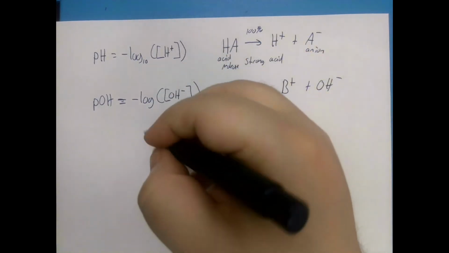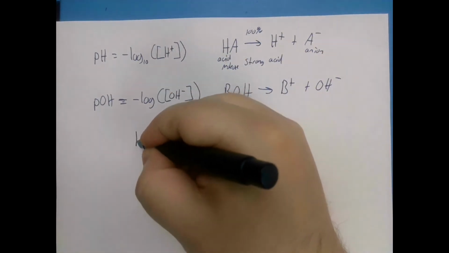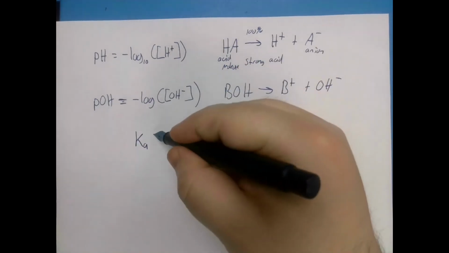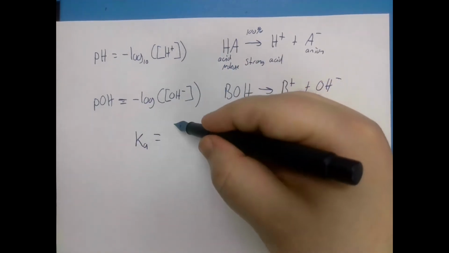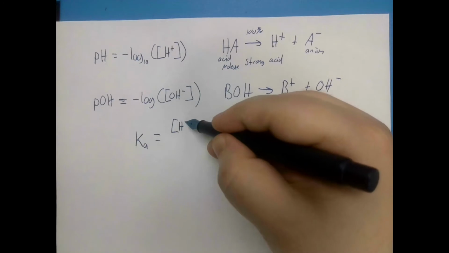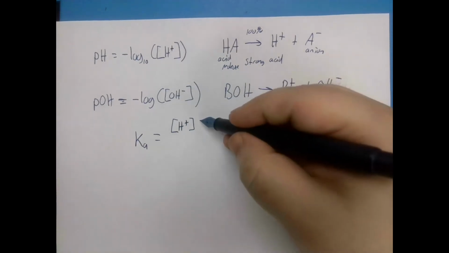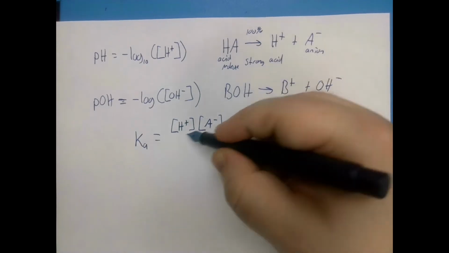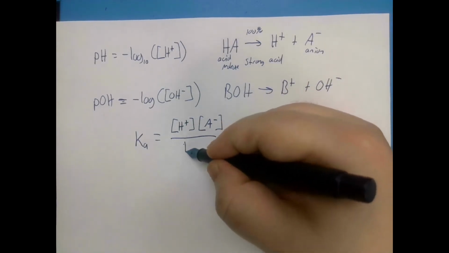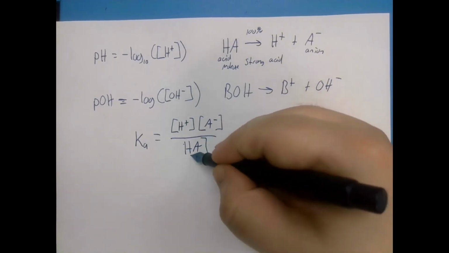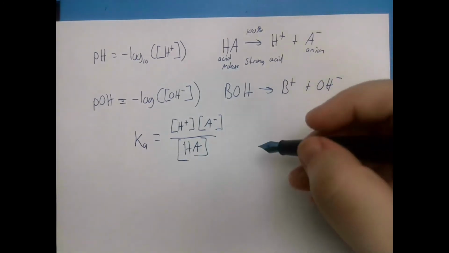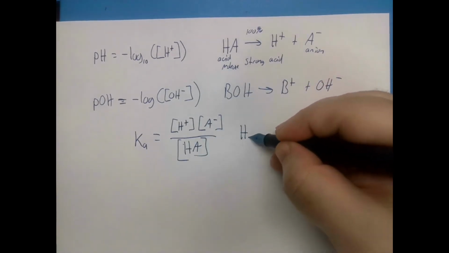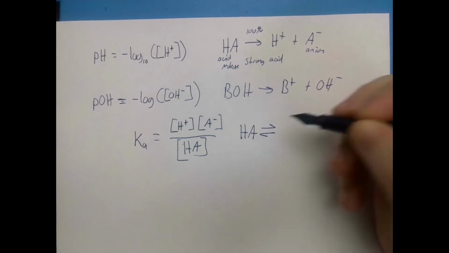But for a weak acid, you need to know this constant, and I'll provide it on the test. H plus, this is for an acid, A minus over HA. This is whenever you have an acid that can go both ways.